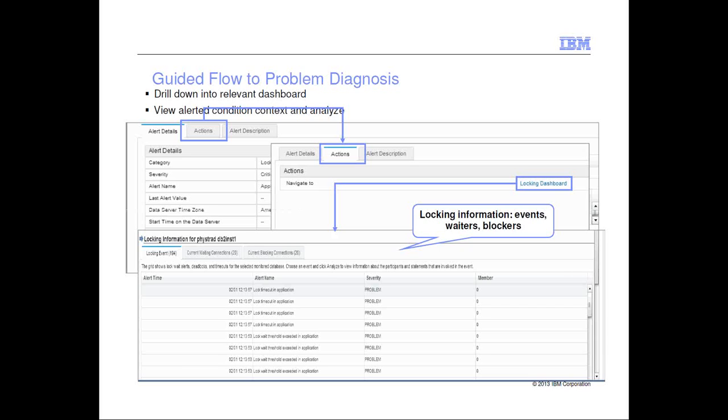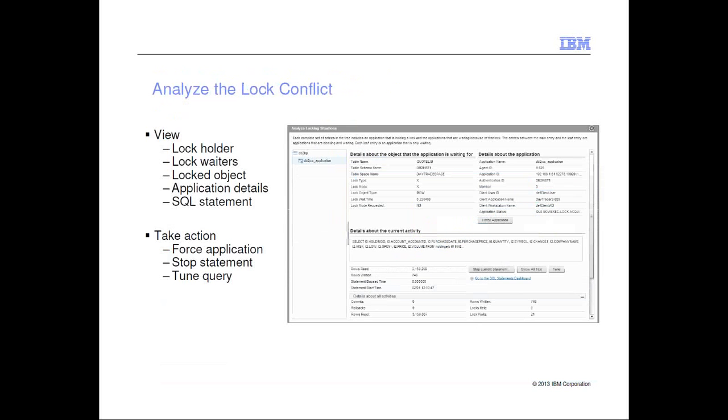And once we go to the locking dashboard, we can see complete details about that particular lock, at what time it occurred, what applications or what SQLs were running which went into the lock, and various other details.